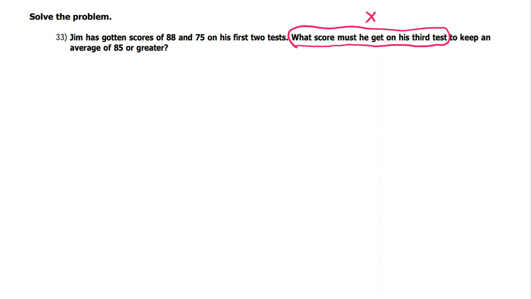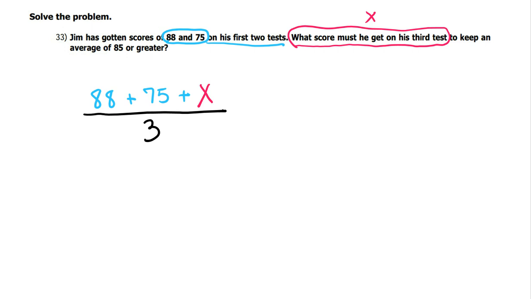So that's what we're going to call X. And he's already gotten an 88 and a 75 on his first two tests. So if I take 88 plus 75 plus whatever he gets on his third test, if you add those three scores together and then divide it by 3, that would give you your average.